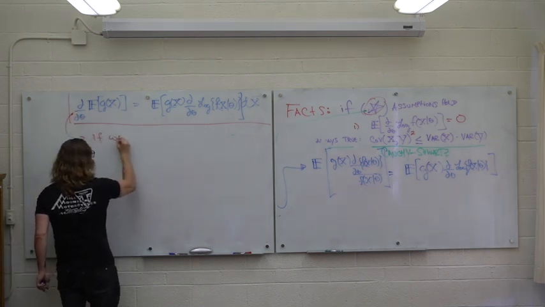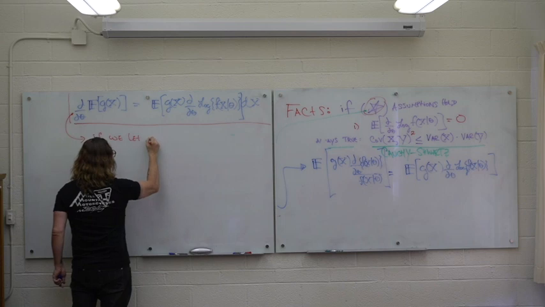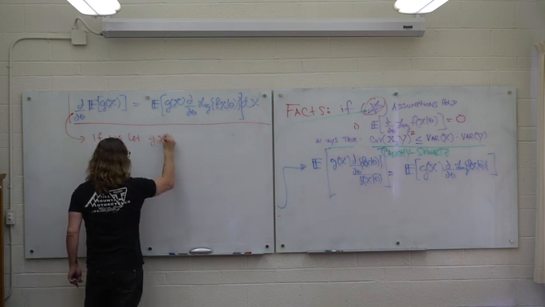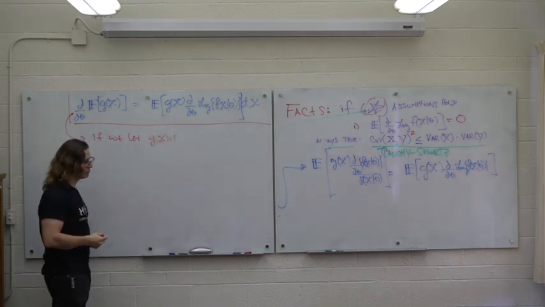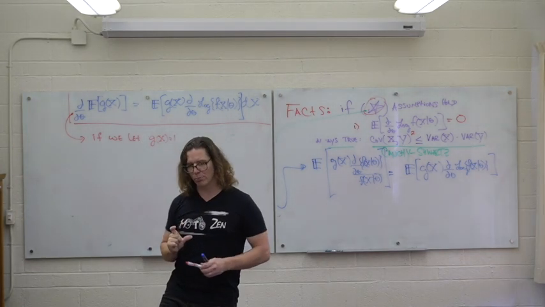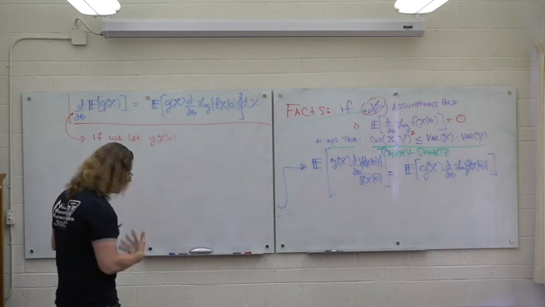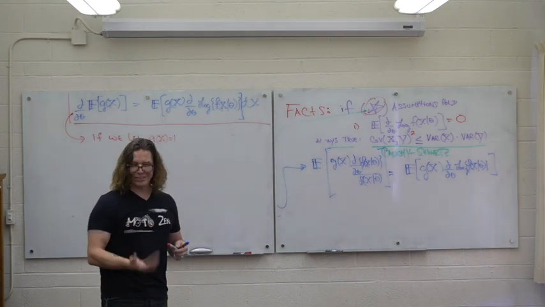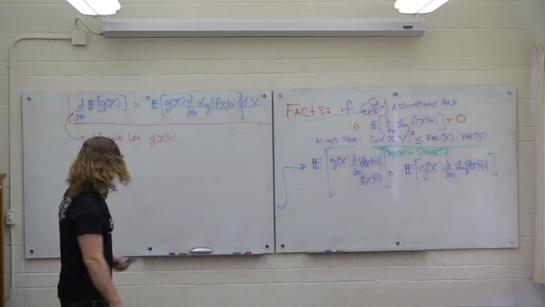If we let g(x) be equal to 1, this is a little bit of the confusion I usually see when people read through the Casella and Berger proof, is they change the definition of the estimator that they're using, and we're avoiding doing that.